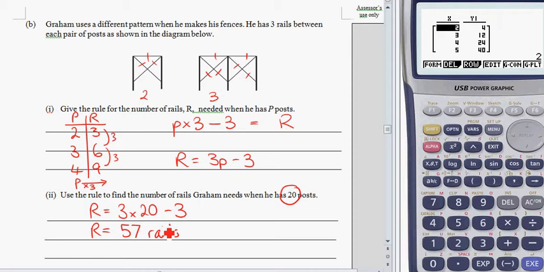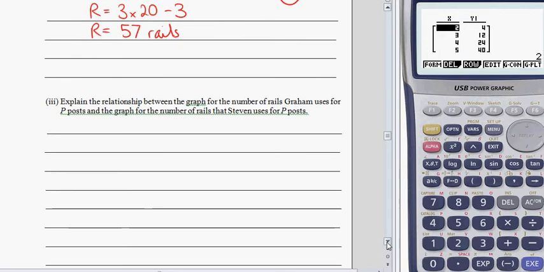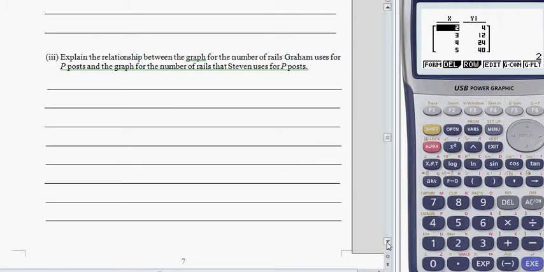Right, in the last part of this question, between Graham's graph and Stephen's graph, once again 3 comparisons would be good. We'll try and think of 4.